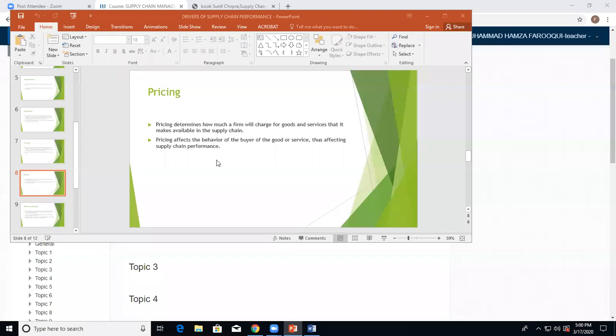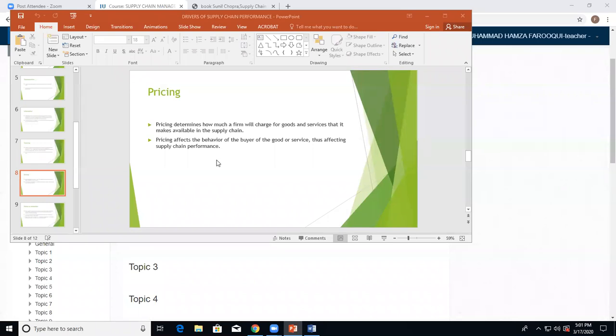For example, these companies say that if you want your parcel or your product to be sent at the usual prices, the ordinary prices, then you have to give your parcel a good time ahead. And if you don't want an ordinary price, then you can send your parcel at the time when you have to transfer it to the other person.